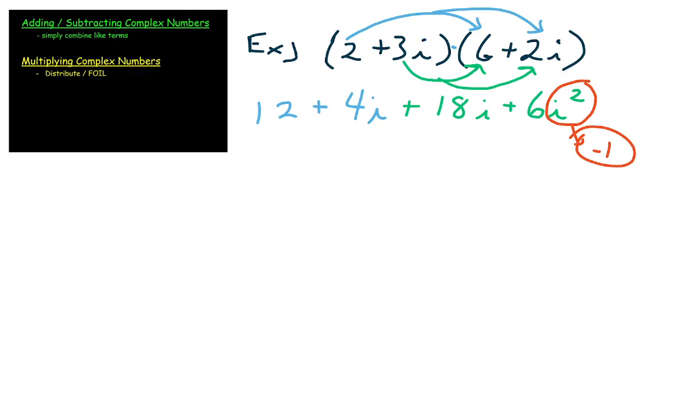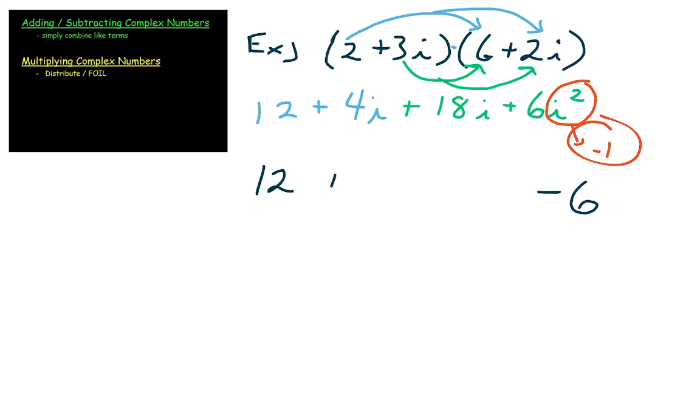So really what we're looking at here is like 6 times -1, which ends up equaling -6.